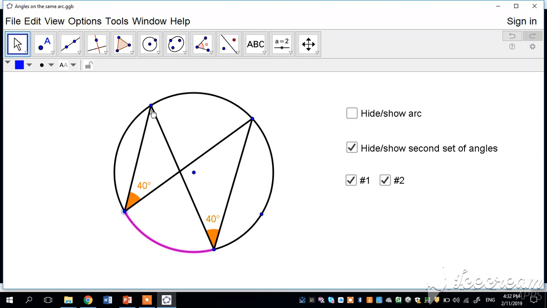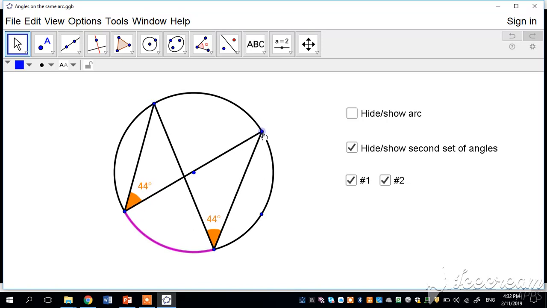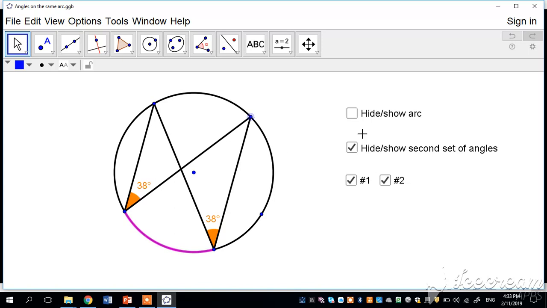Now obviously the start point would be this point up here, and if I was to change the start point again, you'd see that the angles might change, but they'd stay the same. And if I was to change the end point, the angles stay the same throughout. So this is what we mean by angles on the same arc are equal.